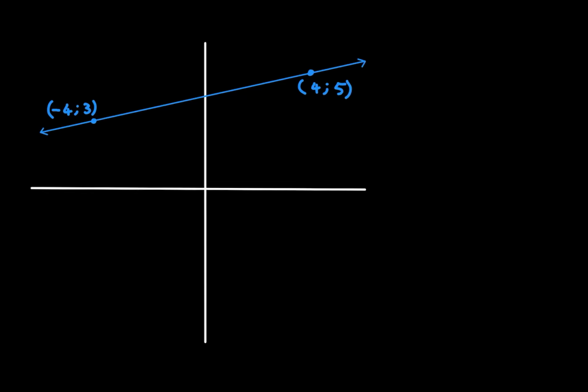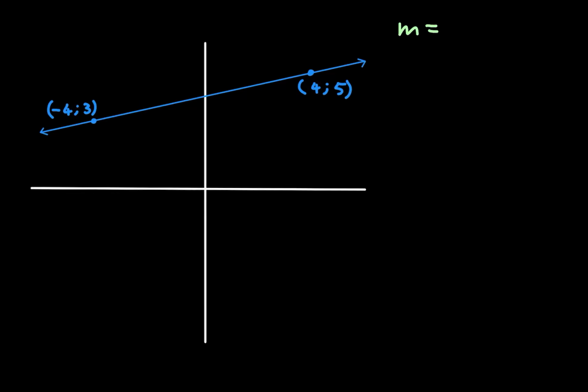So here we have 2 points again, so this is possible. Now we'll use the same method. We'll first find the gradient, but now it's not so obvious because we haven't been given the y-intercept. We'll have to work it out, and I'll show you how to do that.